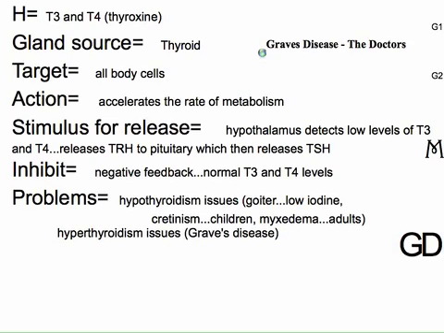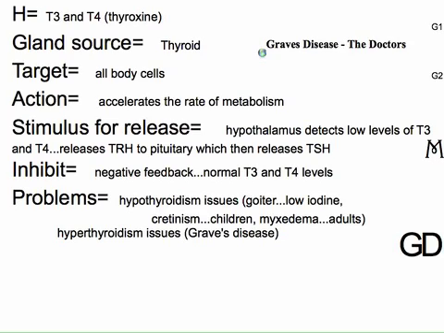Now, how does T3 and T4 get released? Your hypothalamus, because it's got all of these blood vessels moving through it, is going to detect whether or not we have normal levels of T3 and T4. If the levels are low, it's going to release thyroid releasing hormone.